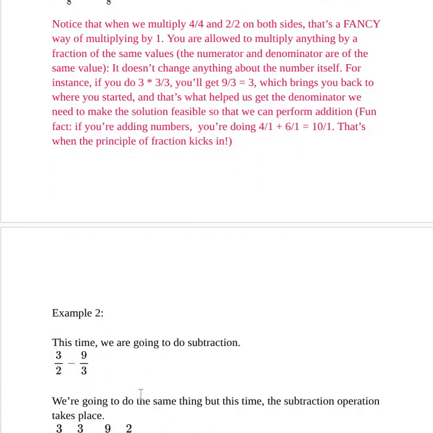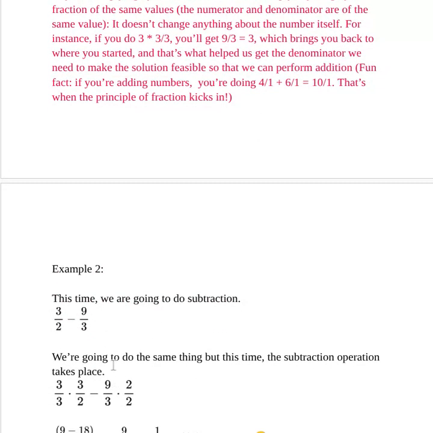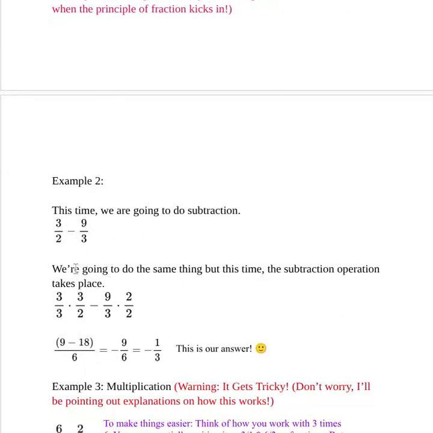And the same thing goes with subtraction, but this time we're using the minus sign. So again, we multiply by fractions whose values are the same as the denominator of every fraction from each side.